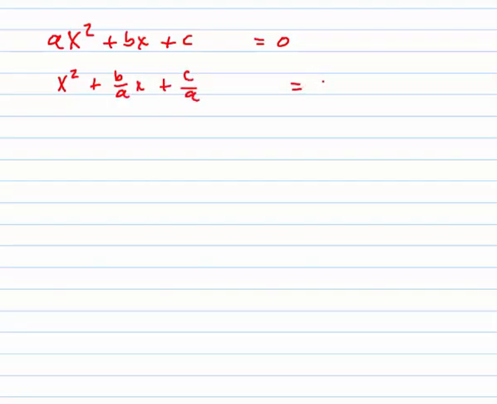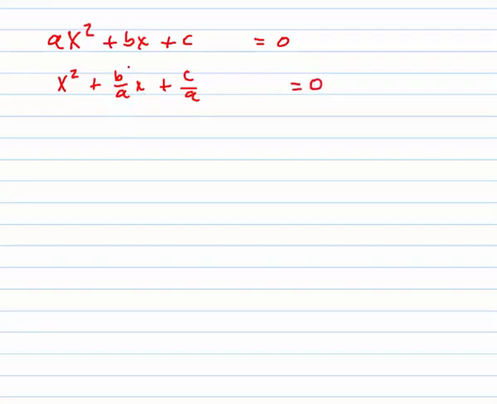Now we can derive the quadratic formula. If we have ax squared plus bx plus c equal to 0, what we need to do is complete the square. The way we do that is we divide both sides by a. So I get x squared plus b over a x plus c over a is equal to 0 over a, which is just 0.